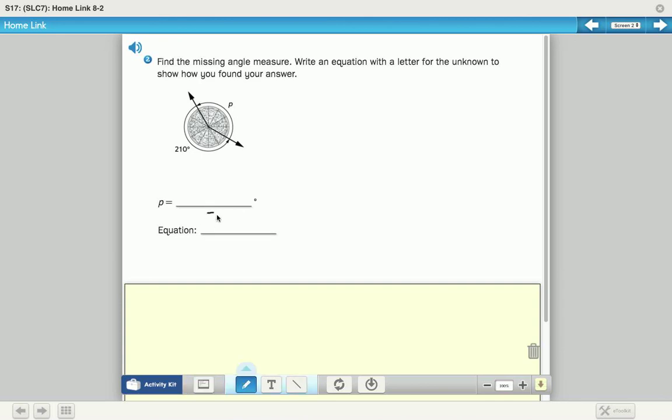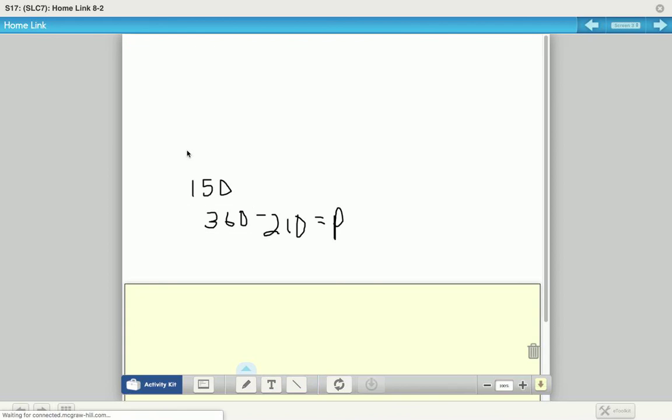Or you could do 360 minus 210 is equal to P. And the answer would be 150 degrees. And I can tell it's obtuse here, so I know that that's probably on the right track.